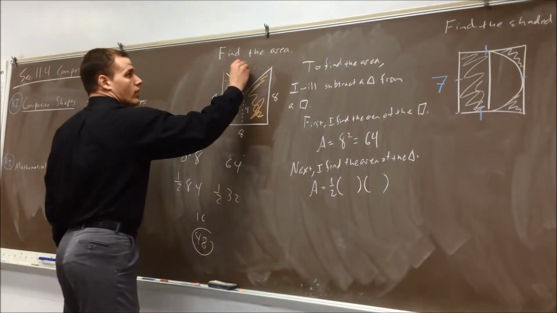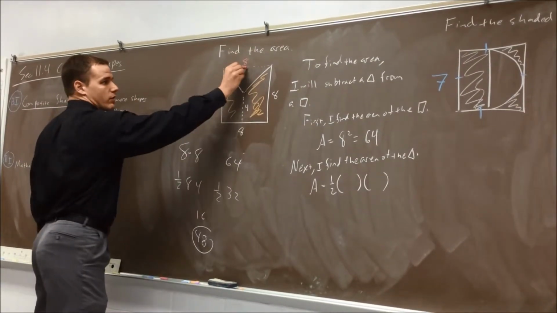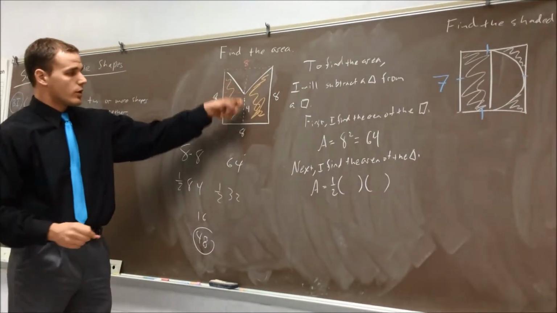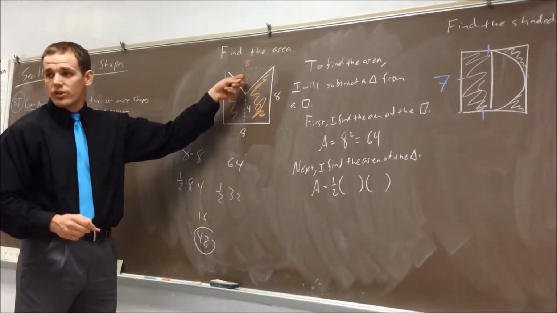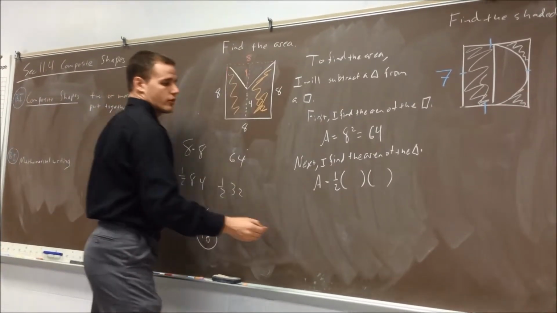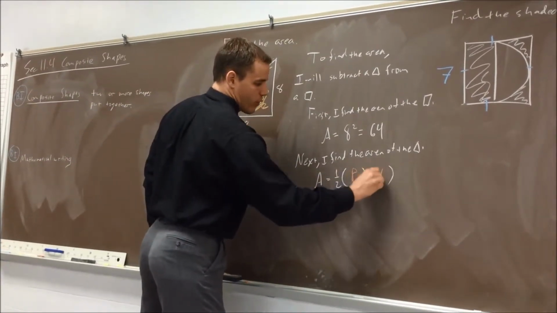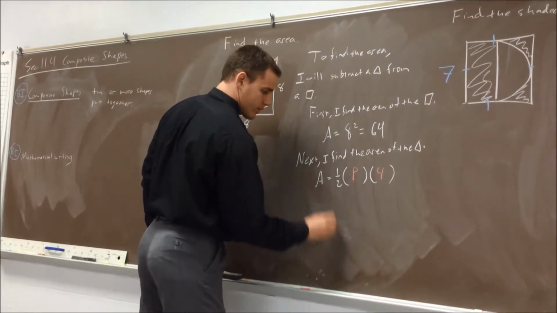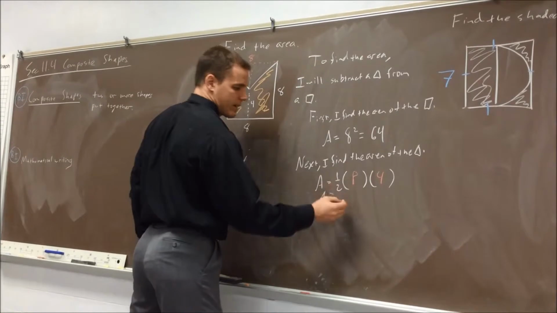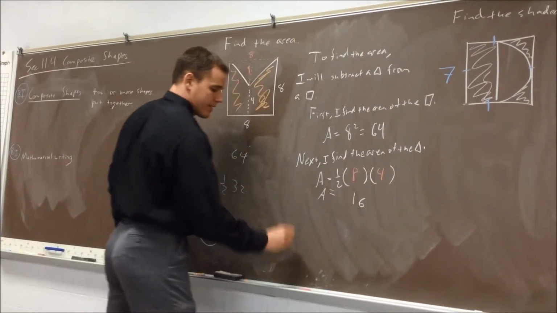Good. What's the height of this triangle going to be? Everybody, 1, 2, 3. Only 4. This is 4, right? And this is 4, so it's got to add up to 8. So that's 4. So 1/2, 8 times 4. So 1/2 of 8, 4 times 4 is 16.